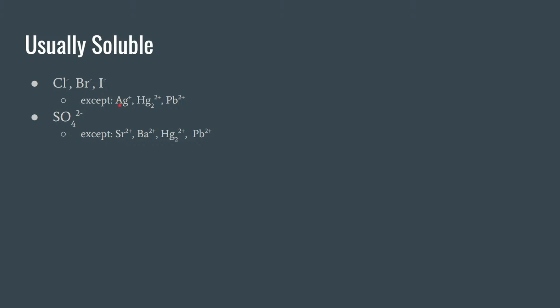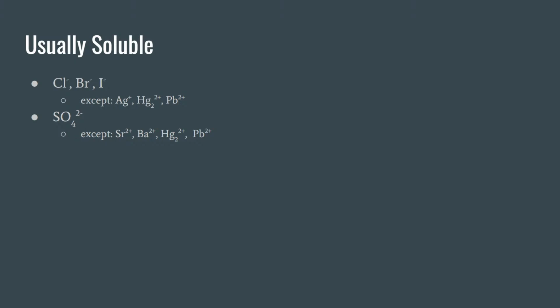In fact, they were really popular with early photographers. They were the early photographic compound. Mercury 1 chloride, bromide, iodide, lead 2 chloride, bromide, iodide are all insoluble. Meaning that if you produce this, it'll come out of solution as a precipitate.